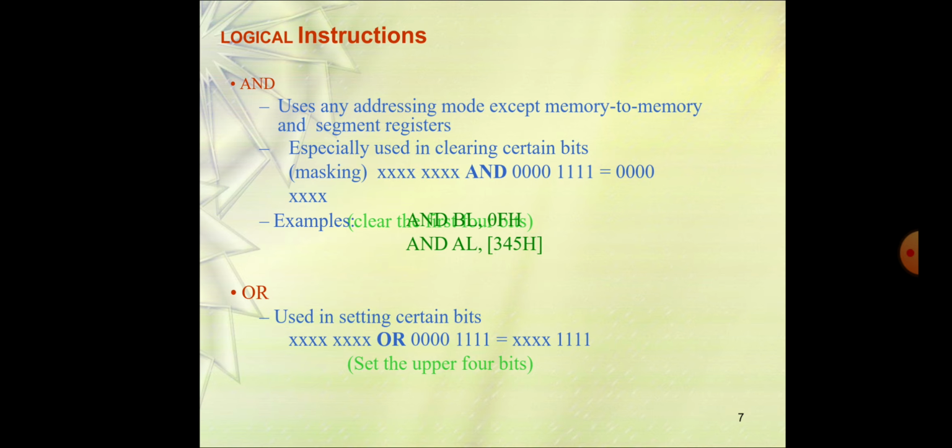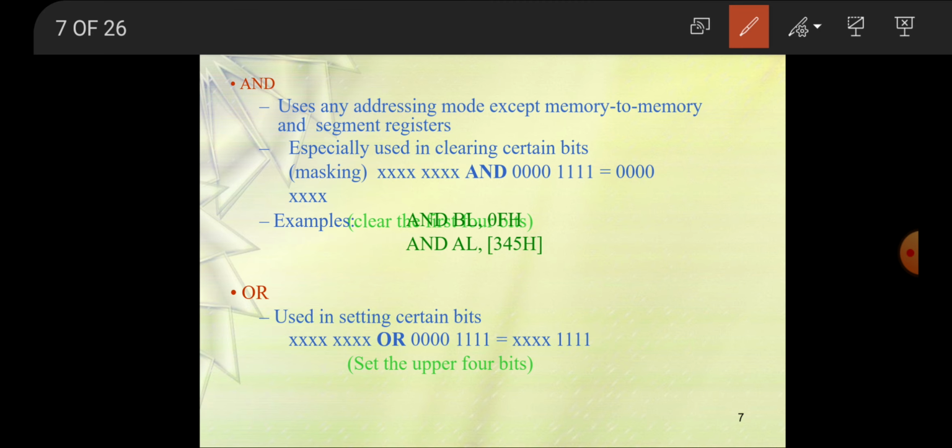Whatever number is in hexadecimal is converted into binary, and then we perform the logical operations. Shown here, AL is especially used in clearing certain bits, masking.